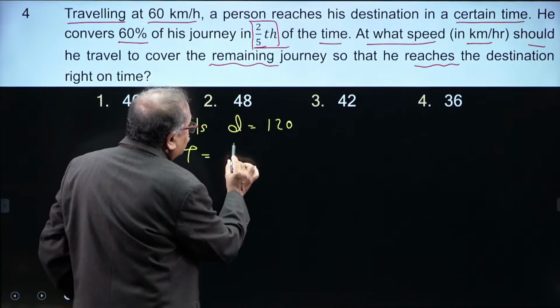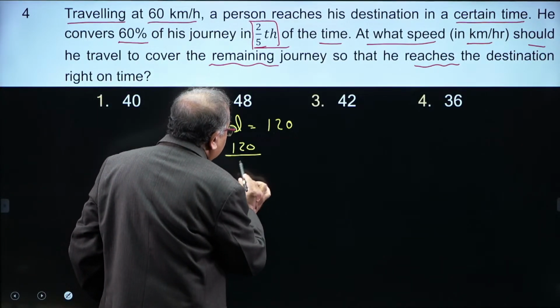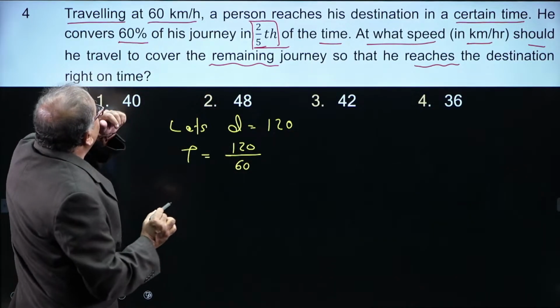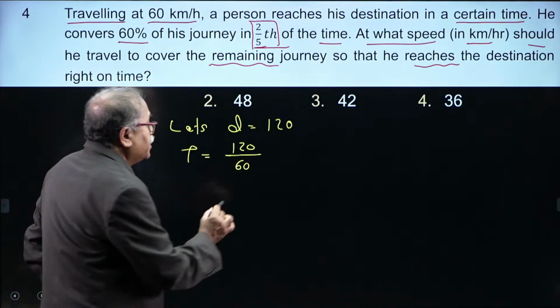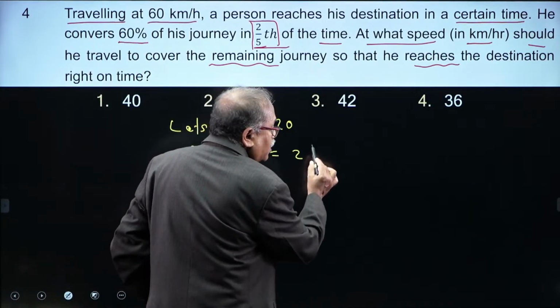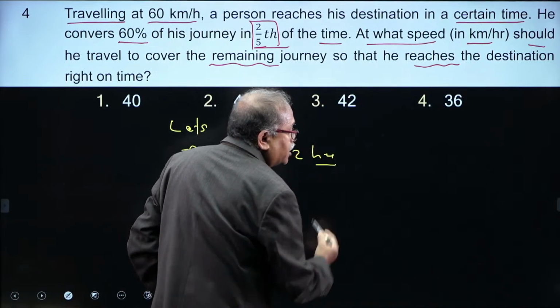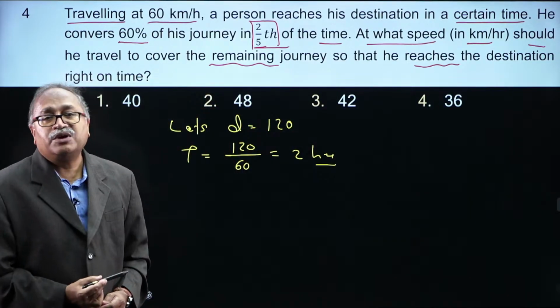The time is 120 divided by 60, that is the speed, 60 kilometer per hour. He takes 2 hours. Am I right? So, what is the remaining distance?